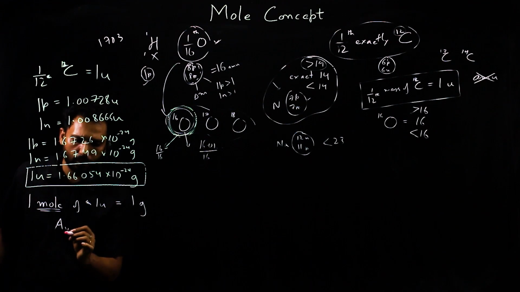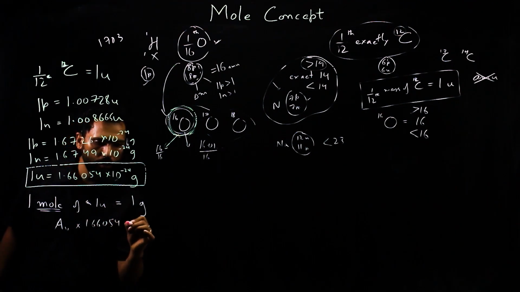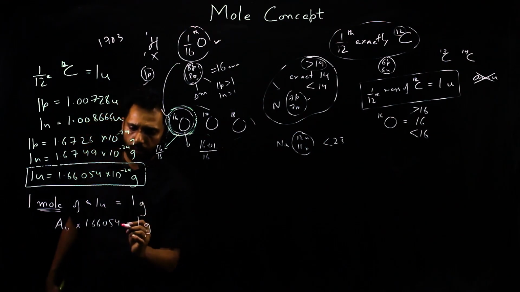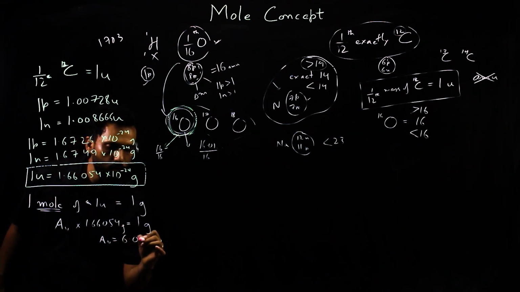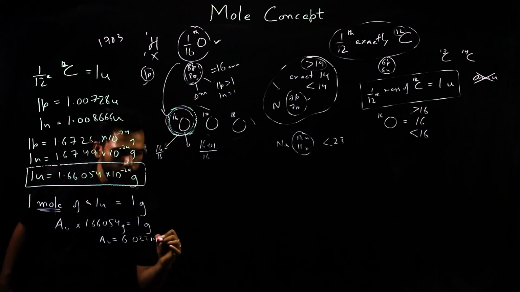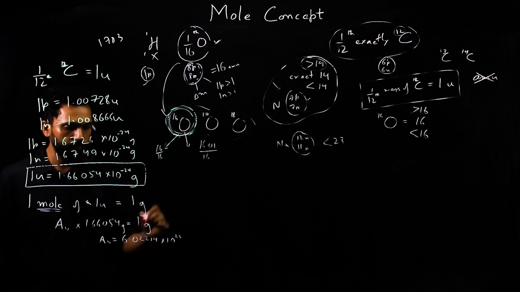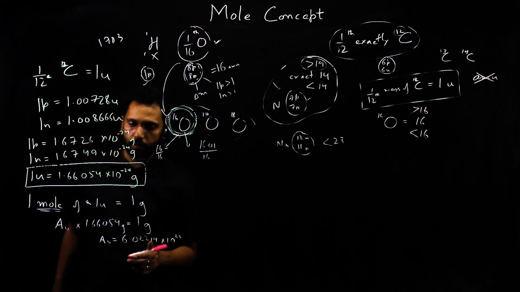So Avogadro number into the exact 1U, 1.66054, should give you exactly 1 gram. This should be exactly 1 gram. So doing this calculation, we get Avogadro number as 6.02214 into 10 power 23. It's not 6.023, which many texts are writing.